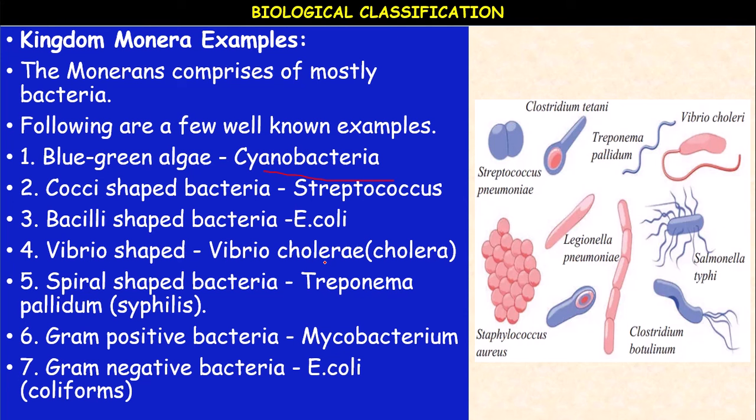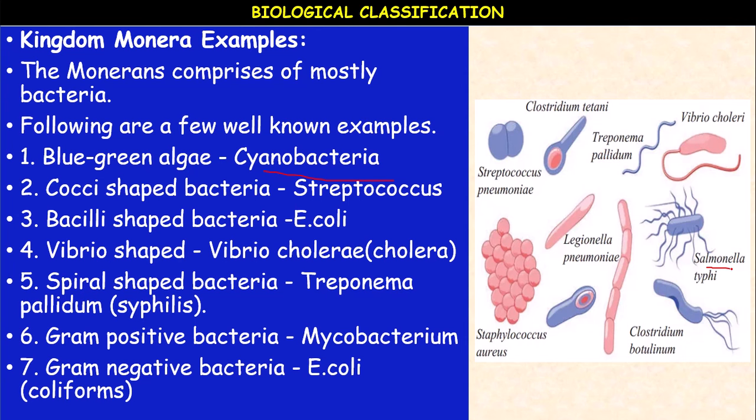The organisms are often called MLOs, mycoplasma like organisms, or PPLOs, pleuropneumonia like organisms. It's very important, children, you have to remember these things. They form a characteristic colony with a fried egg appearance.